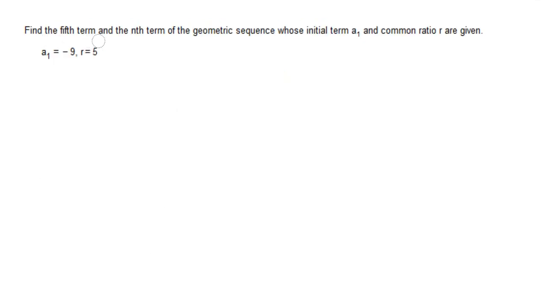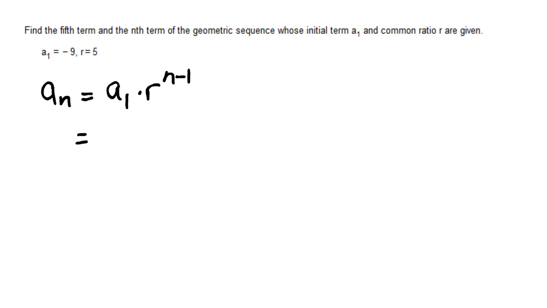Find the 5th term and the nth term of the geometric sequence whose initial term, a sub 1, and common ratio are given. We have a formula for the nth term of a geometric sequence, and that's a sub n equals a sub 1 times r to the n minus 1, where r is the common ratio and a sub 1 is the first term.